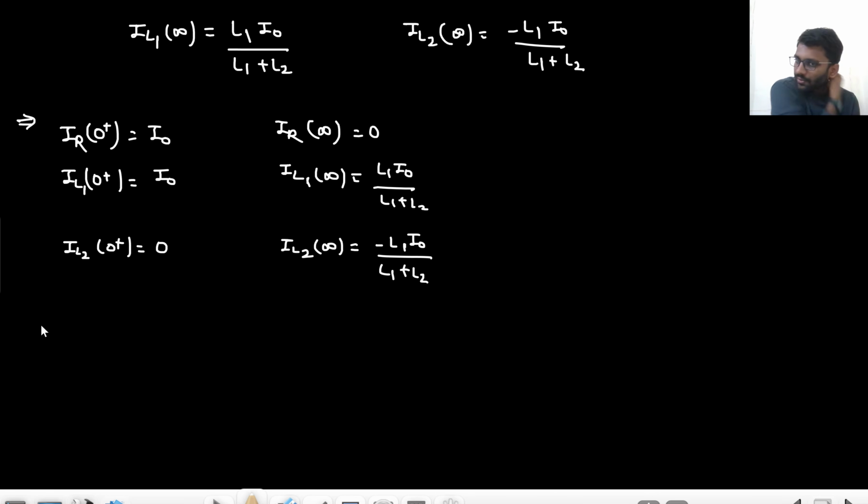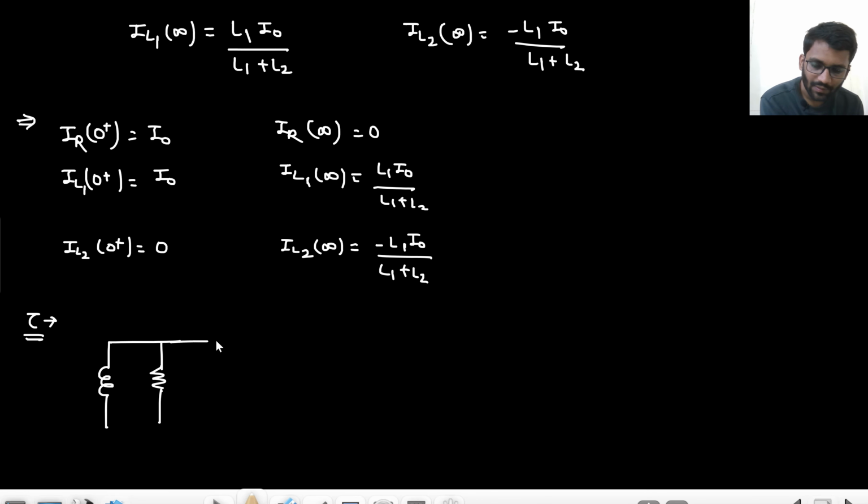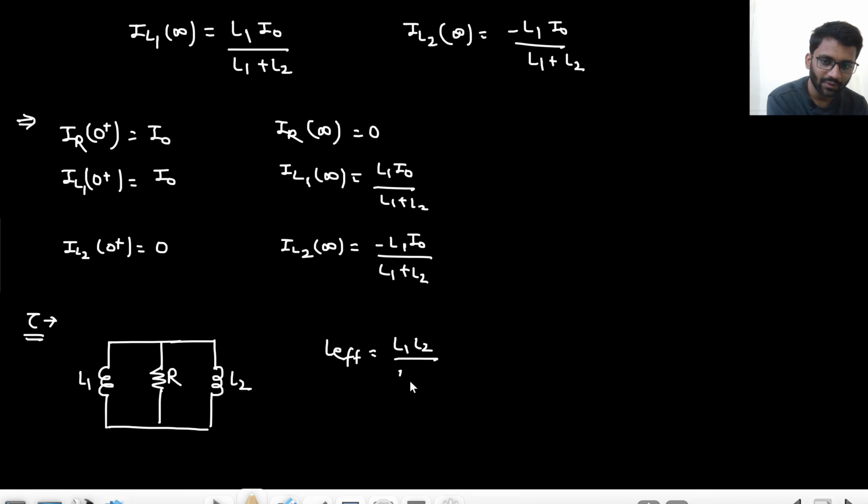Okay, what is the time constant? Forget about the initial condition and everything. This is R, L1, L2. What about L equivalent? L effective, I should say. L effective is L1 parallel with L2, right? So L1 L2 upon L1 plus L2. What is R equivalent?